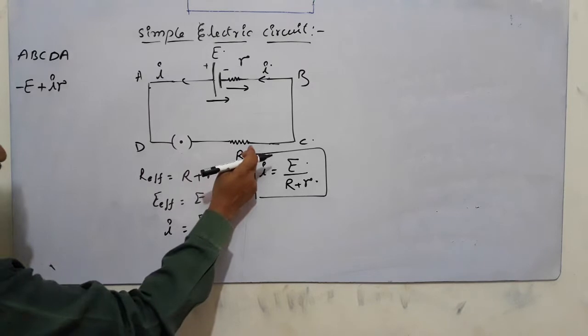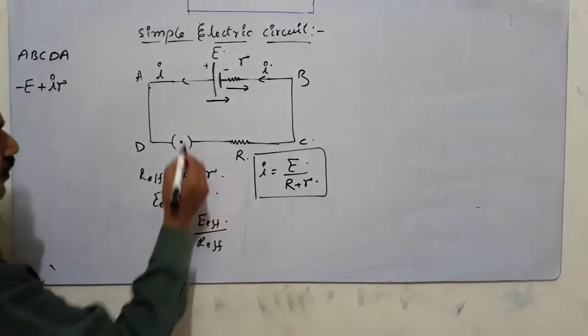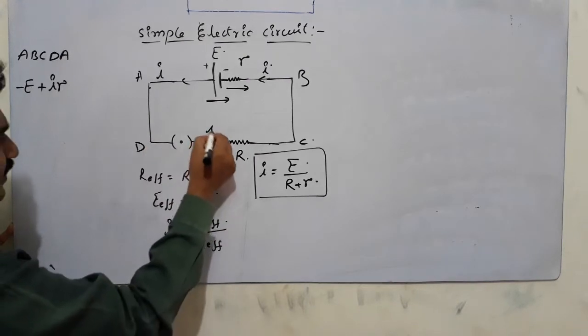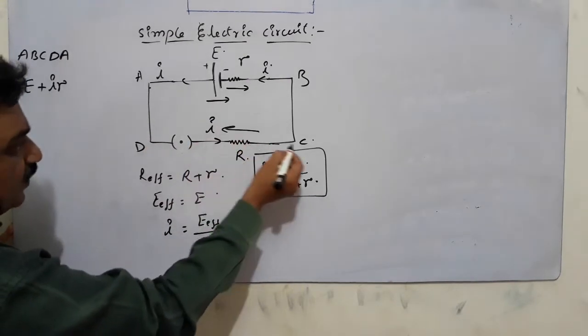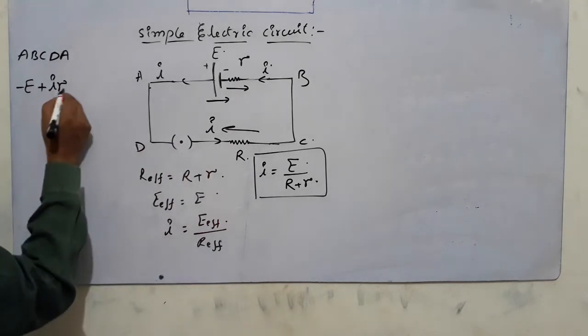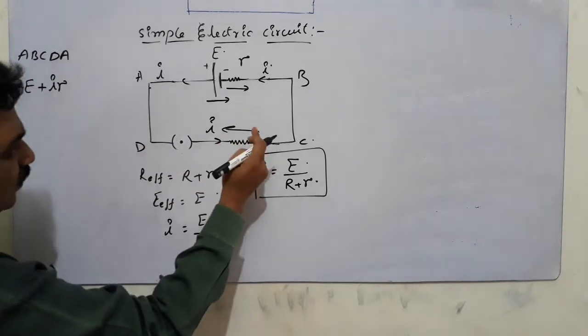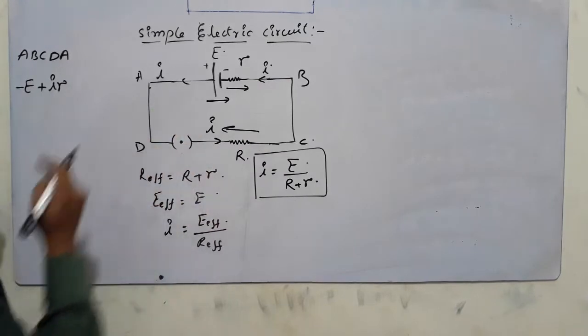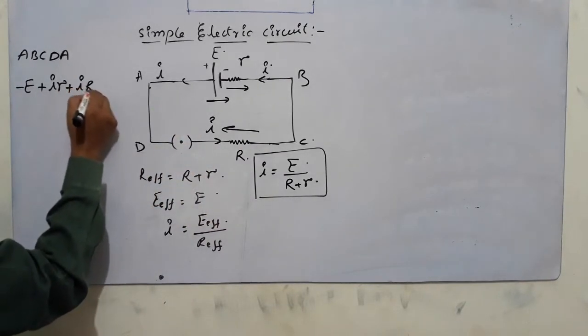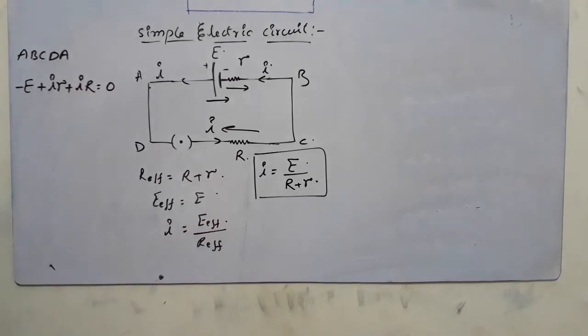And here if you take this A, B, C, here also current is flowing like this, but you are moving from C to D, that is opposite to the current. Here also you are moving from low potential to high potential, so the potential is raised by Ir. So the sum is equal to 0.